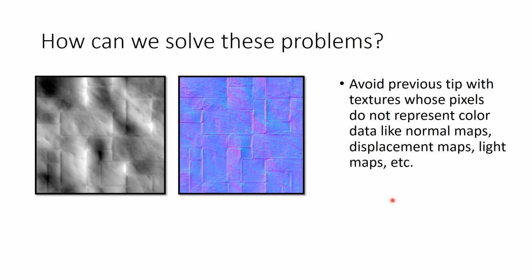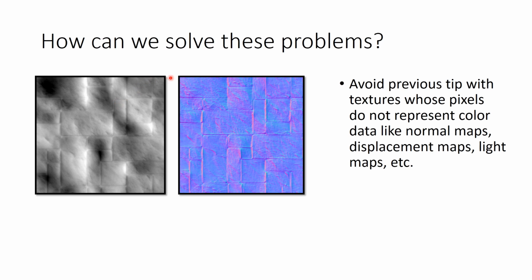All the stuff I mentioned in the previous slide obviously should only be applied to textures that represent colors, like texture mapping. But for example, normal maps, displacement maps, and light maps that store different information than colors in their pixels shouldn't use the sRGB format, because otherwise when they are converted to linear space by the shader, you will get wrong information.